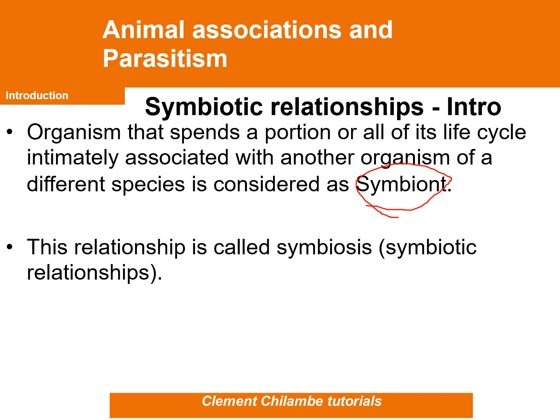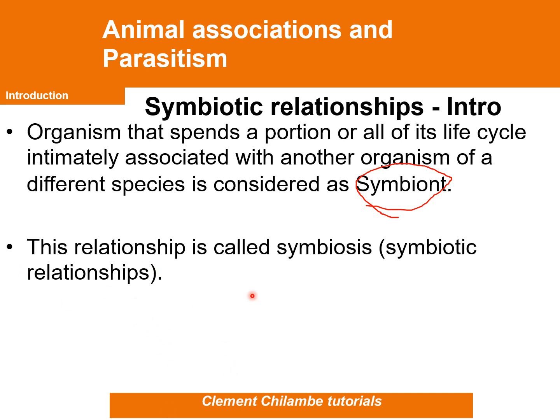Why? Look at the keywords here: spends a portion, but in some other cases it can be all of its life cycle, intimately associated with another organism of a different species. So that is an example of an interspecific relationship.